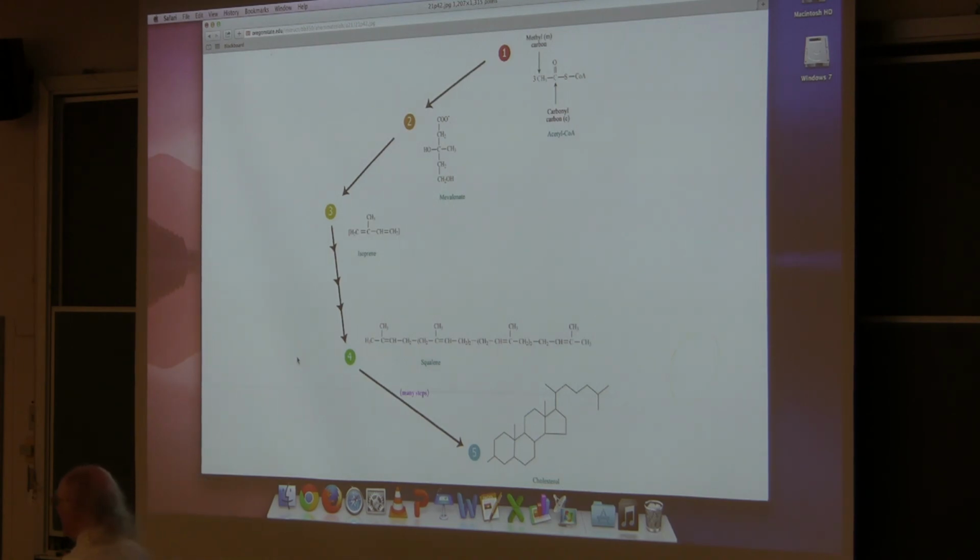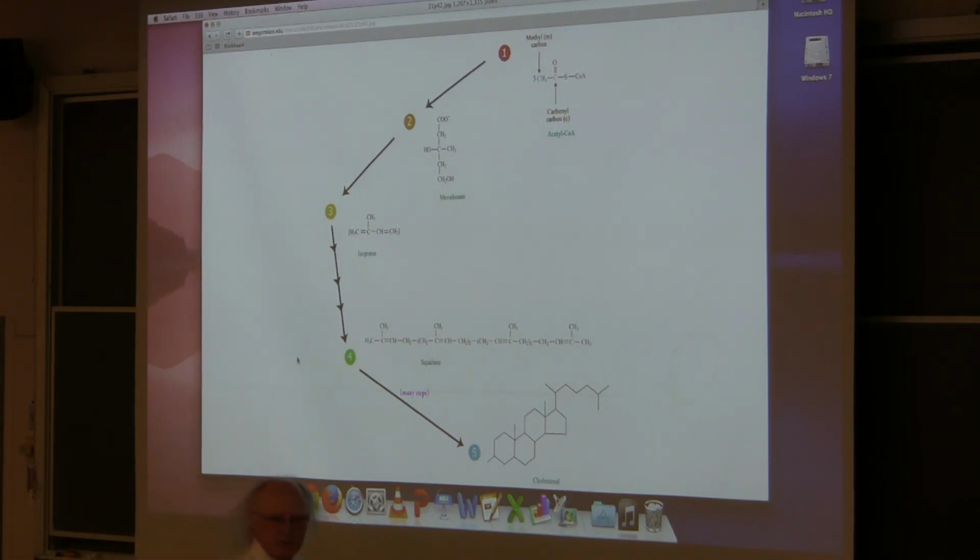Okay? And this is catalyzed by a very important enzyme whose name you're going to need to know. The enzyme is called HMG-CoA reductase. HMG-CoA reductase catalyzes the formation here of mevalonate. It is an enzyme that is feedback inhibited by the end product of its pathway, meaning it is inhibited by cholesterol.